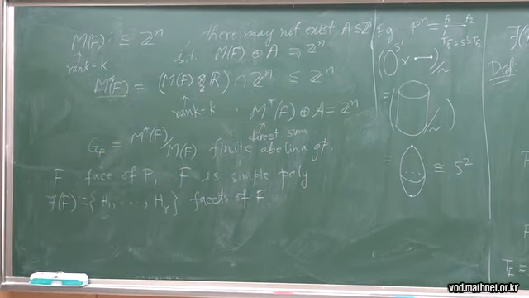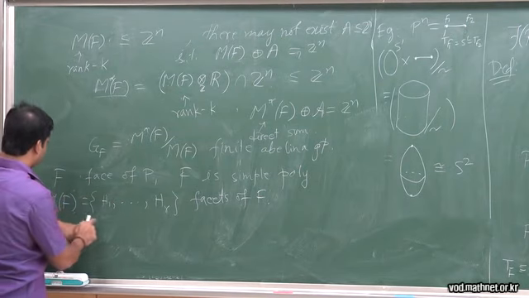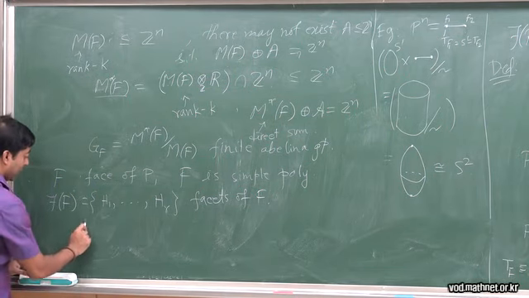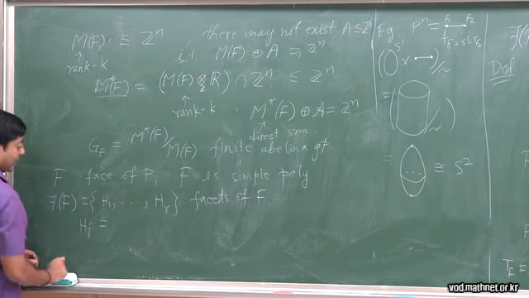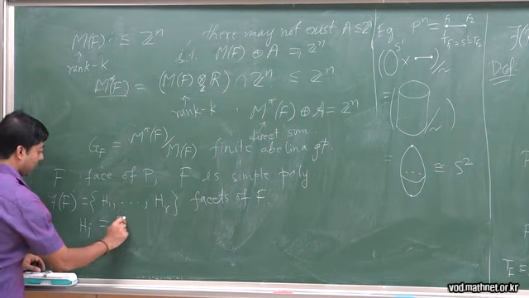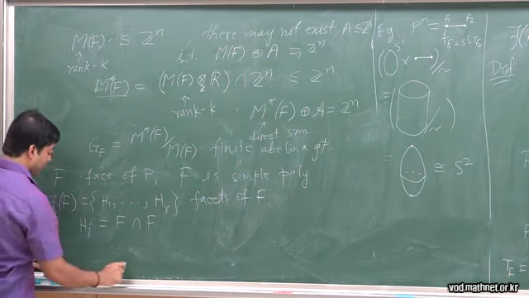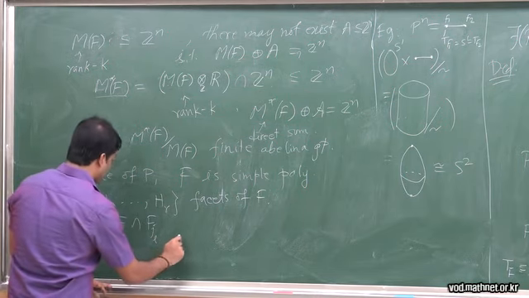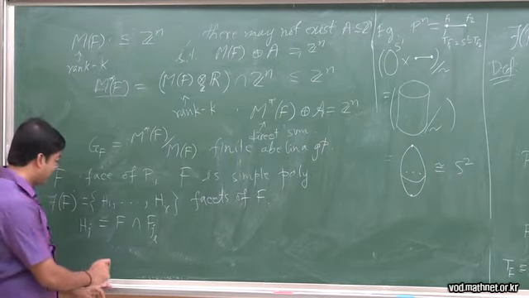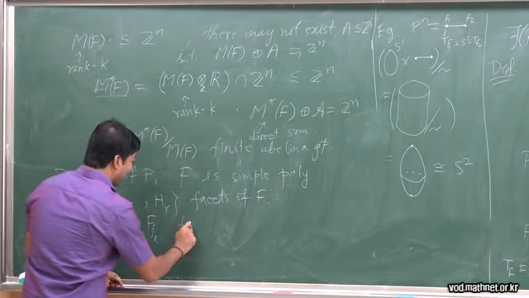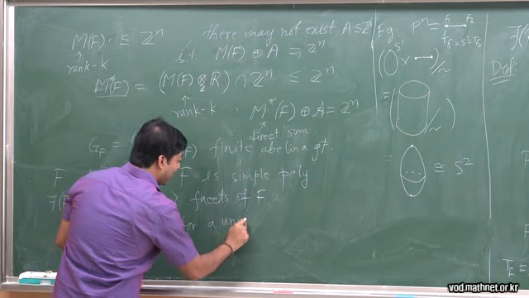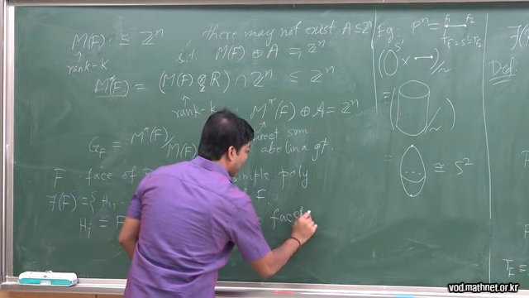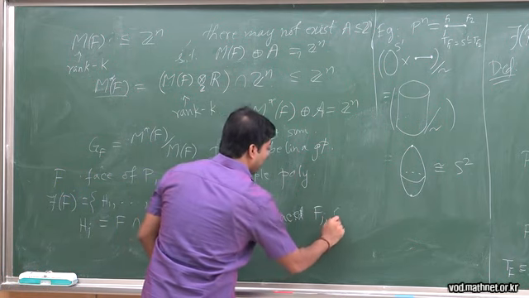But what should be the relation between this facet of F and facet of P? So if I take Hj, then this is equal to F intersection F_j, yes, for a unique facet F_j.